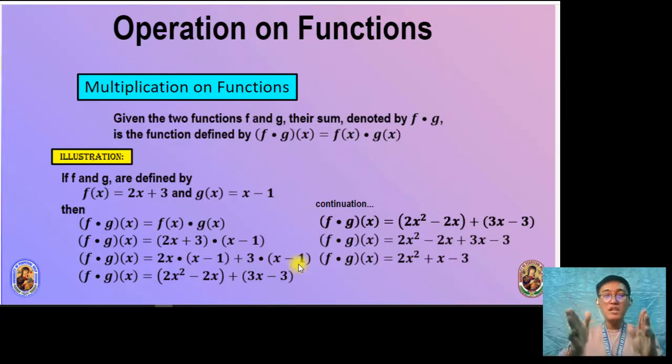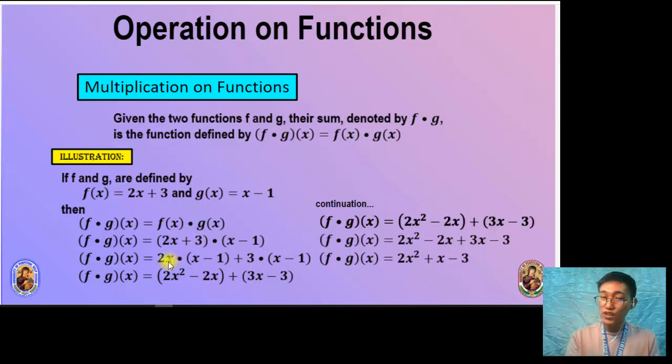So after doing the distributive property on part 2 to part 1, again, distributive property of each term to the other term. So this would be 2x distribute to x and 2x distribute to -1 by DPM or distributive property of multiplication, and same also here, positive 3 times x and positive 3 distribute to -1.